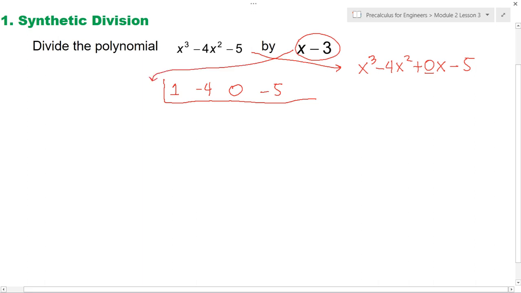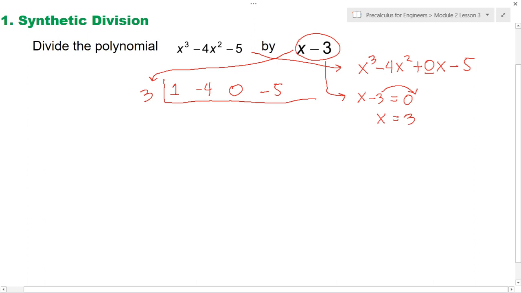But you cannot say our divisor would be -3. You must equate your divisor to 0. Again, equate divisor to 0. So x minus 3 is equals to 0. So, transpose -3 on the right side. So, x will be equal to +3. Therefore, +3 pala yung ilagay mo dito.